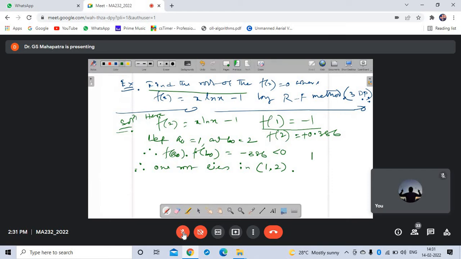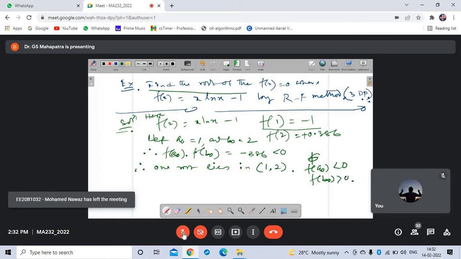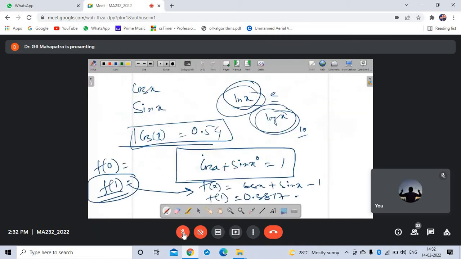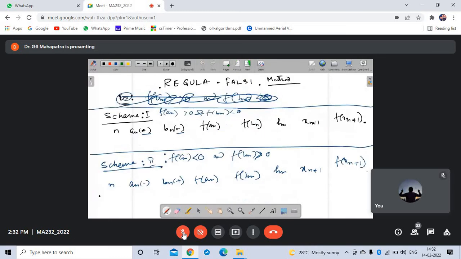Here f of a naught is negative and f of b naught is positive, so we have to apply scheme 2, that is f of an less than 0 and f of bn greater than 0. How to replace we will discuss.